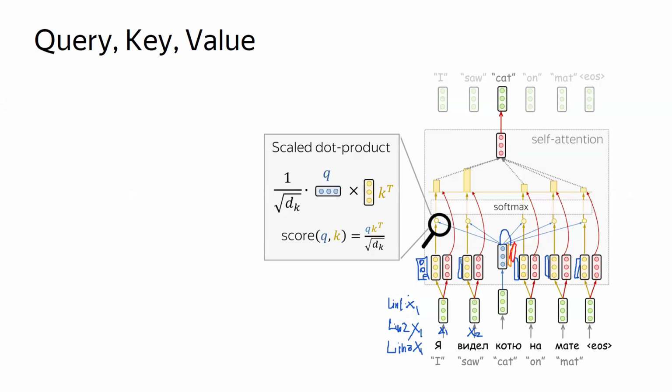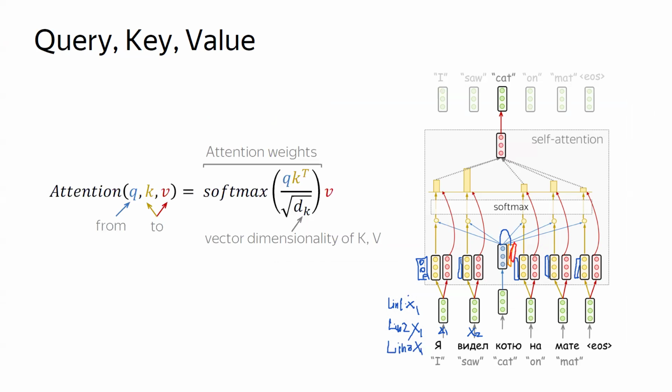If we use additive attention score, then we can't use that formula. But I hope you understand the general idea: first we create three different embeddings for each token, then we calculate the scores for this blue representation with all yellow representations, and finally we sum up the red representations with these scores. And we do this for every token. Oh, here is the formula.